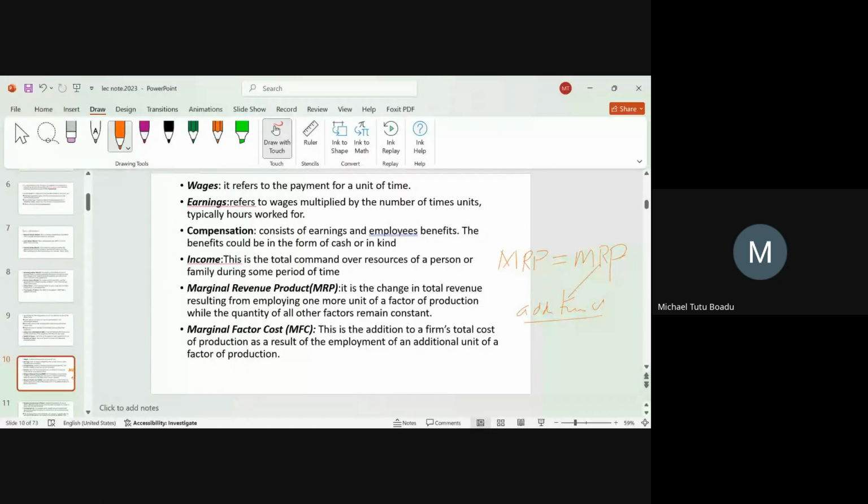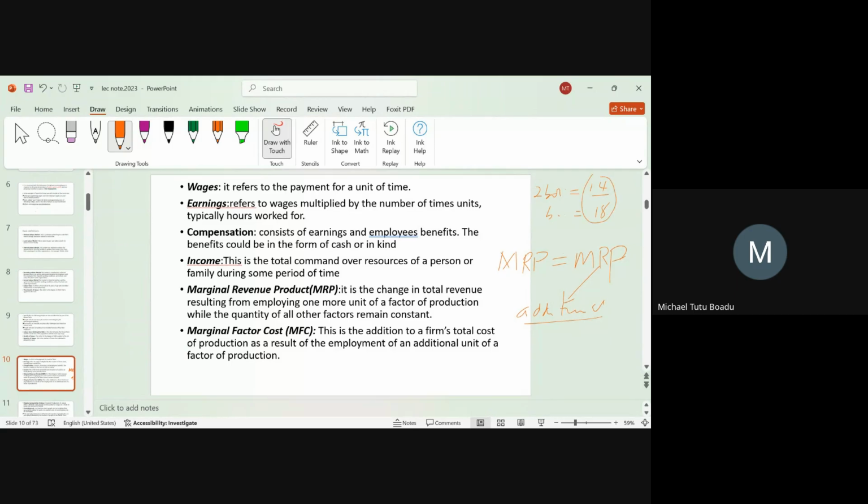So if I sell 2 boxes of an item and I am getting 14 Ghana cedis, and I sell the 3rd box and I am getting 18 Ghana cedis, then the difference between the 18 and the 14, which is 4 Ghana cedis, is the additional revenue, which is the marginal revenue.